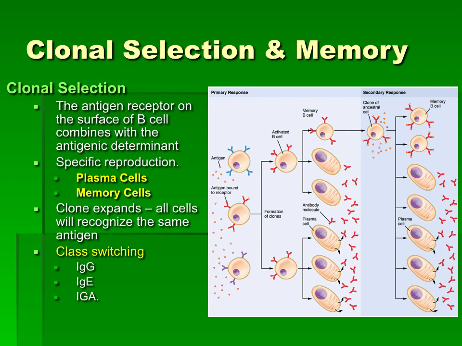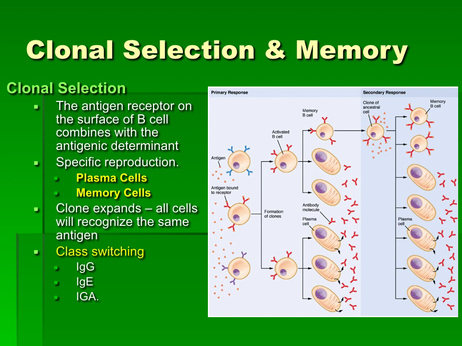And in addition, in later responses, you get class switching, which means that the primary response is producing IgM, but later cells can produce IgG and IgA and IgE. And so those types of antibodies generally bind better, and they're better at certain other tasks, like getting to certain places, working on the mucous membranes.